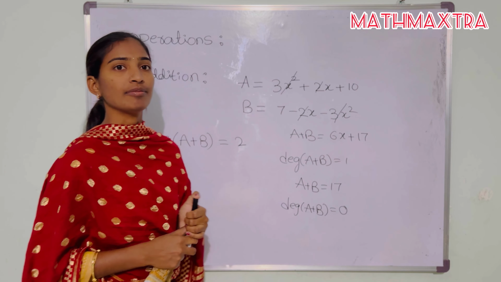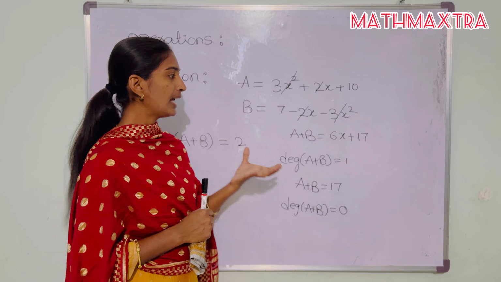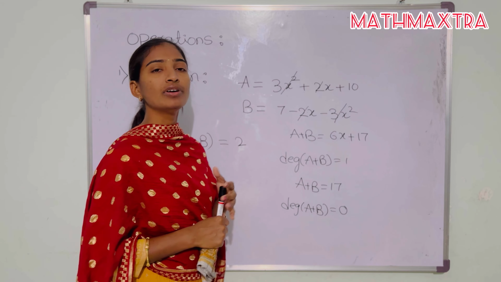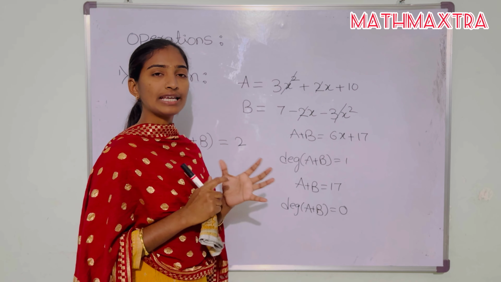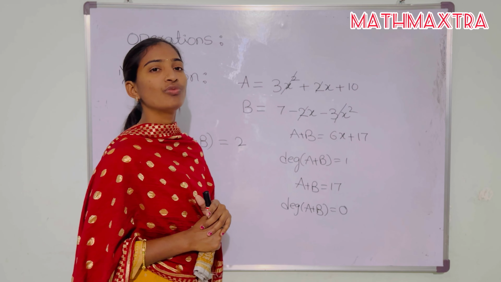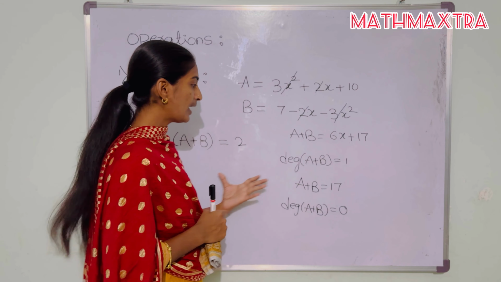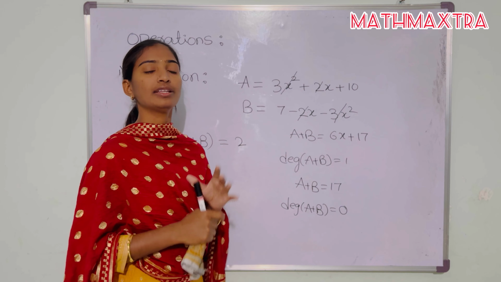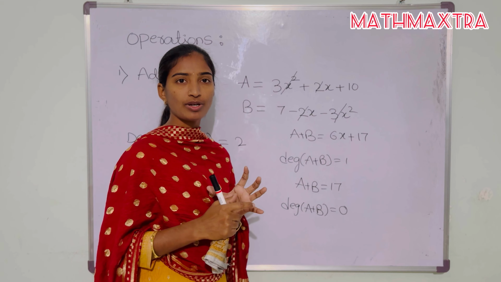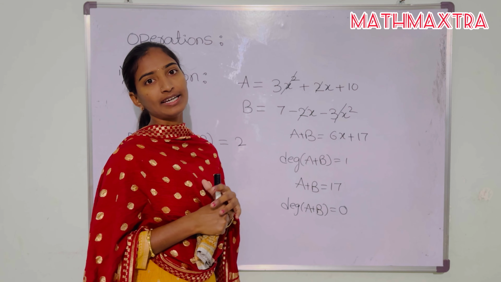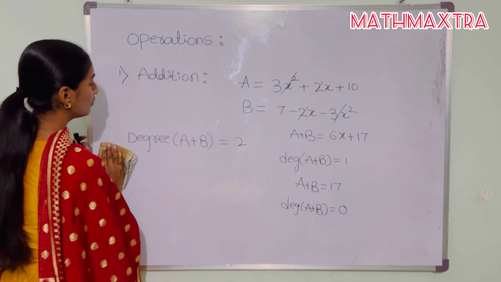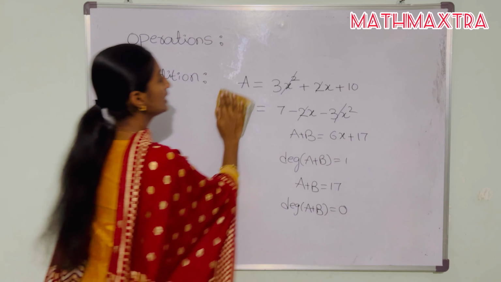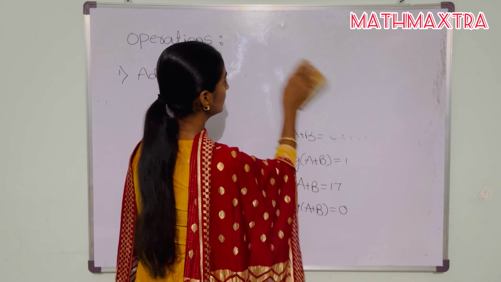Can we determine exactly the degree of the addition of two same degree expressions? We cannot determine. So by this I can conclude that we cannot determine the degree of the sum of two expressions of the same degree. Okay. So we generalize that in terms of n.